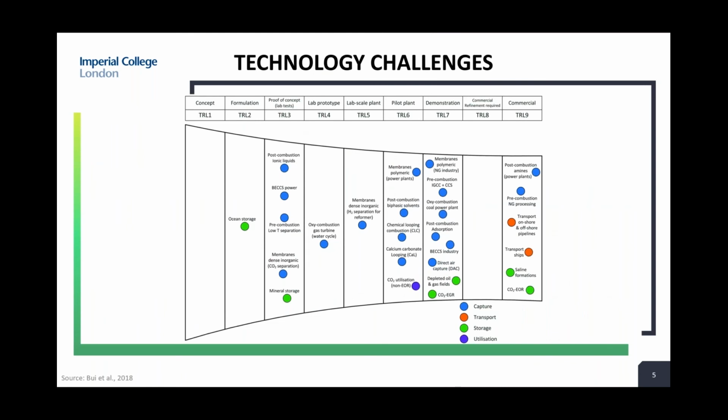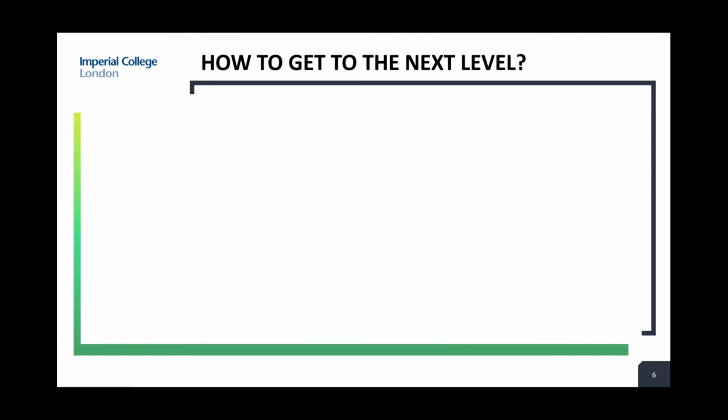Currently, MOF-based catalysts are in proof of concept, so lab tests, that's technology readiness level number 3. So really the question is, how do we move forward and how am I applying my research in order to do so?